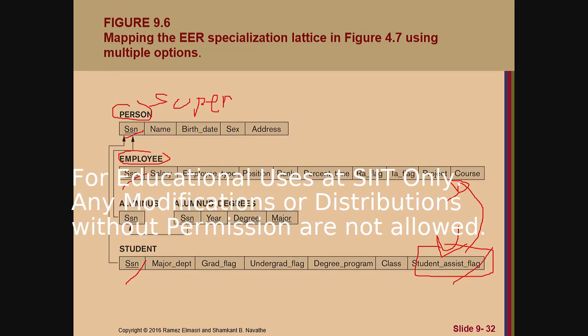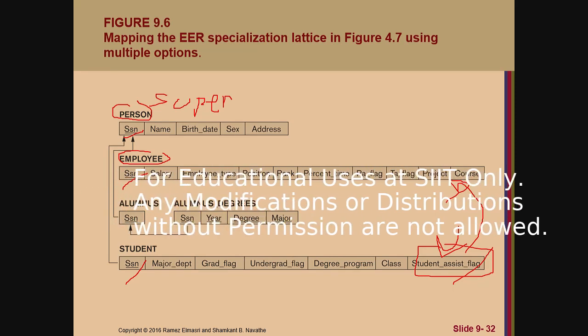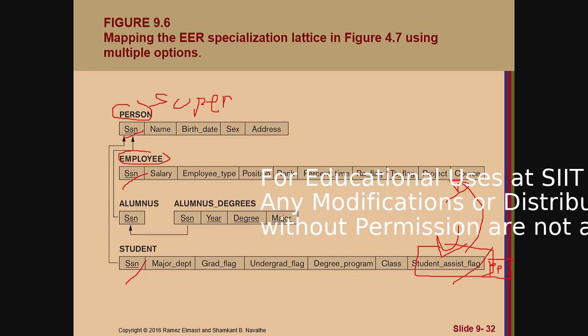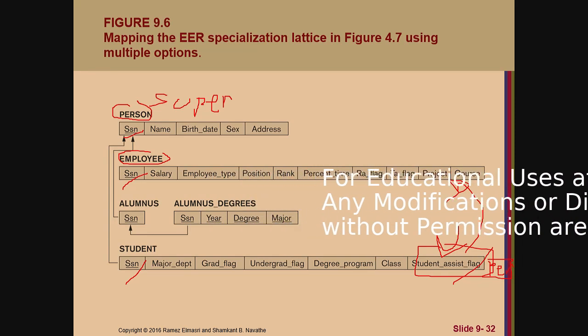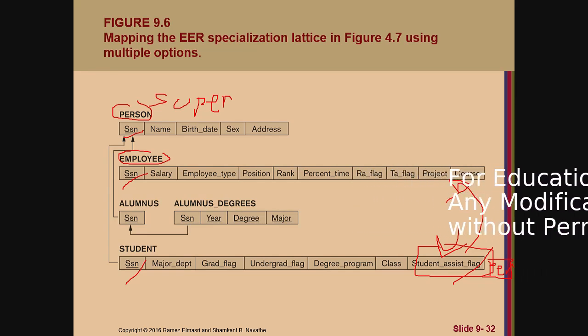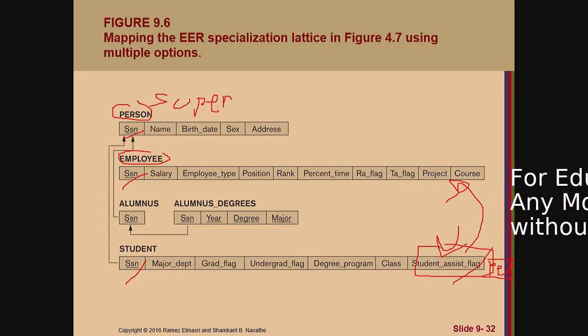If you can add here percent time. Why? You can add it with the flag, close to the flag, because one student will have percent time, just 1% time, if he or she is an assistant student, a student assistant.